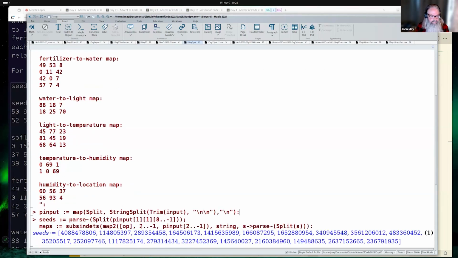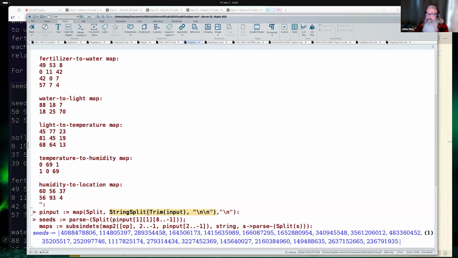That's my input. I'm going to parse it. You can see here my next favorite string tools command, which comes up a lot on these kinds of inputs. I have blocks of things in different formats, and they're always separated by a full line break.